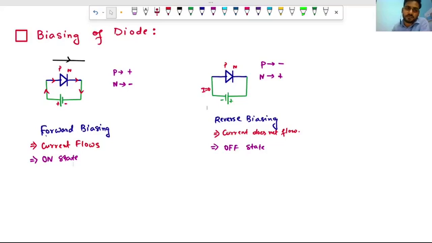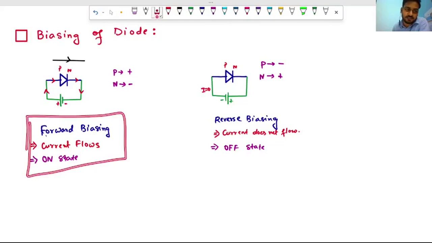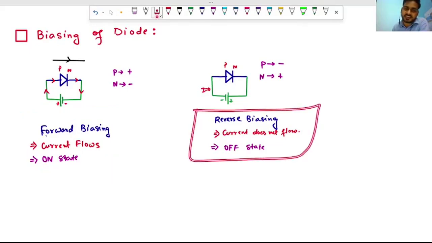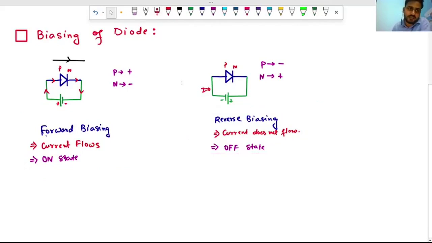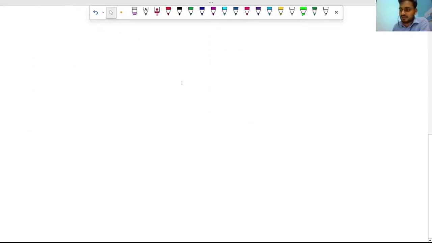For the time being, just keep in mind that when a diode is connected in forward bias, current flows. When a diode is connected in reverse bias, current does not flow. So now we will move on to some circuits with diodes.